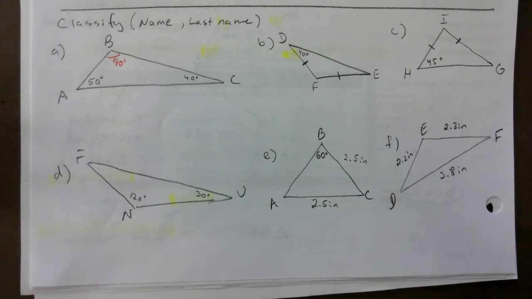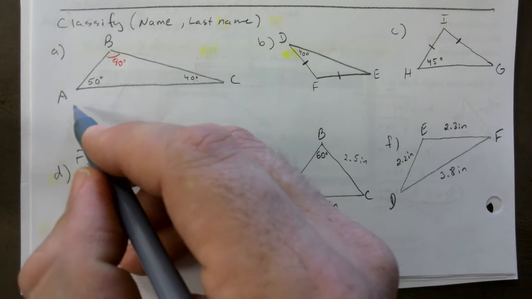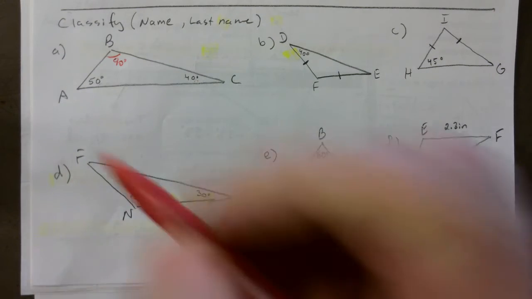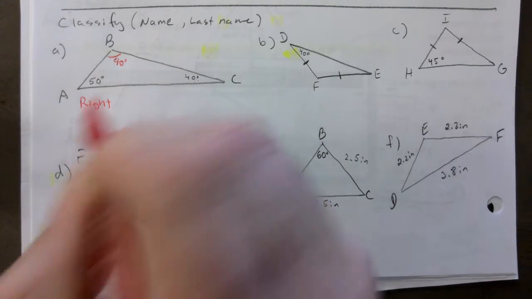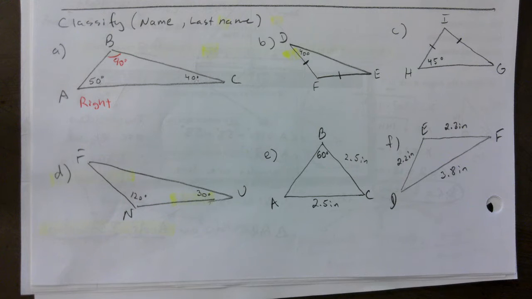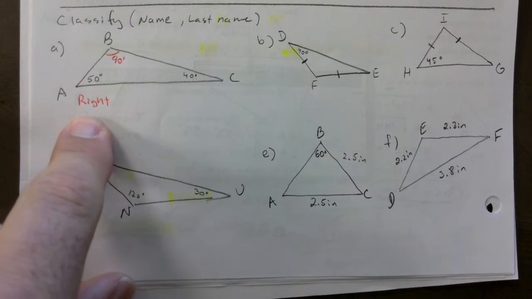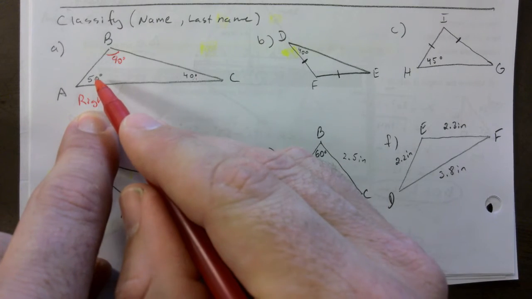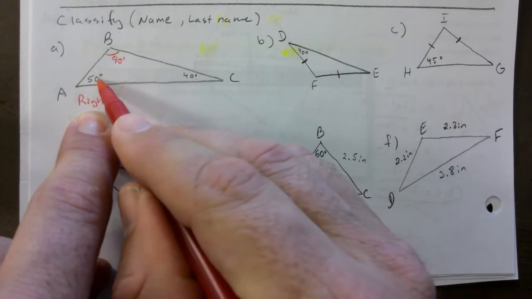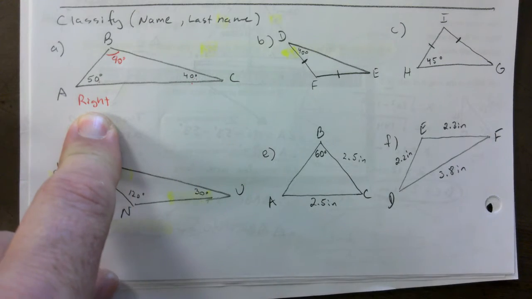So if you go by angle measure, this would be a right, for sure, because of the 90. As soon as there's a 90, it is a right triangle. Don't even look at the other ones, right? And then because all three angles are different, what do we know about the side lengths?